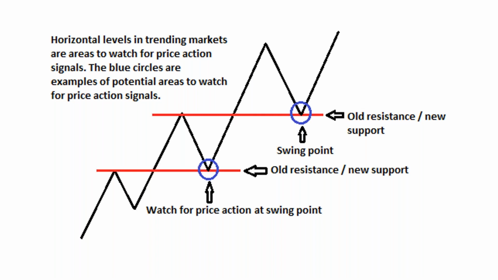They are the steps going up as price is moving up, and they are the steps coming down as price is moving down. So if you think of price in an elevator, and as the elevator is moving up, what is supporting you underneath your feet? The floor, and it is your support.